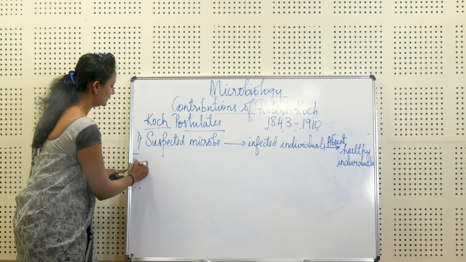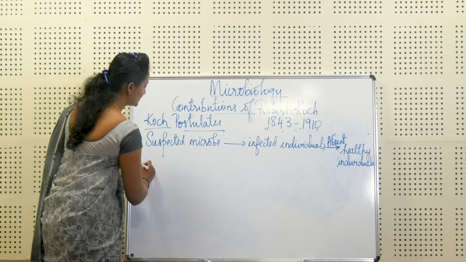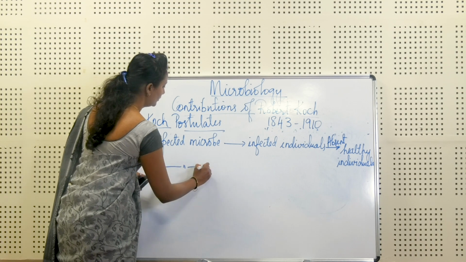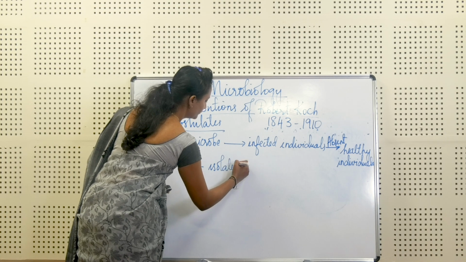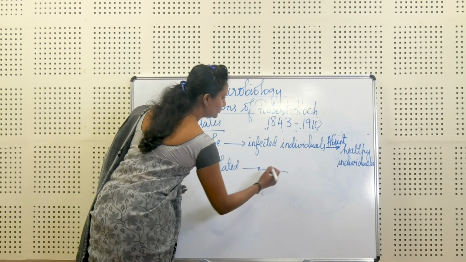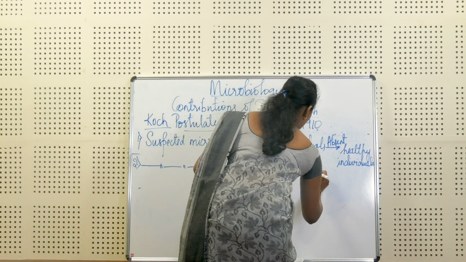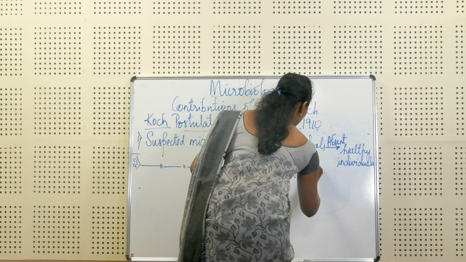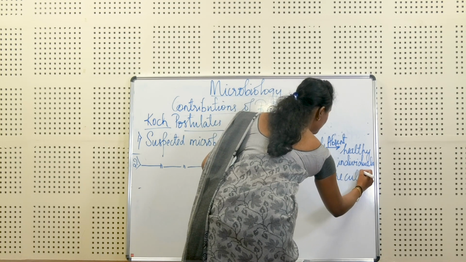The second postulate states that the suspected microbe must be isolated from the infected individual and it should be grown into a pure culture.